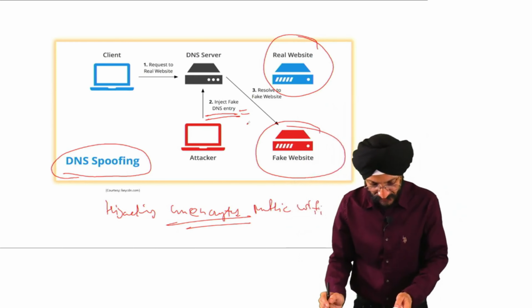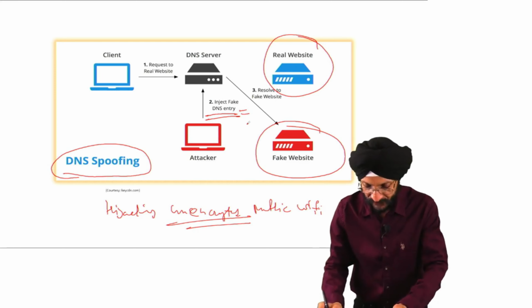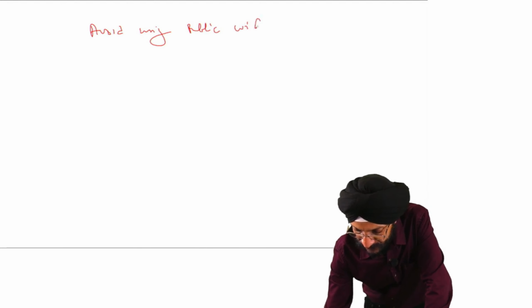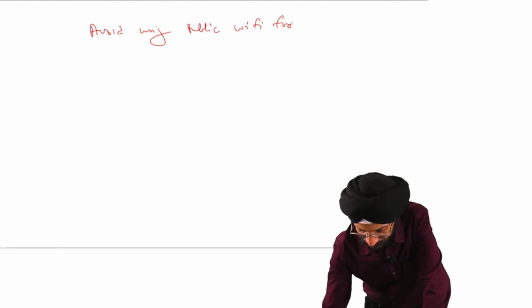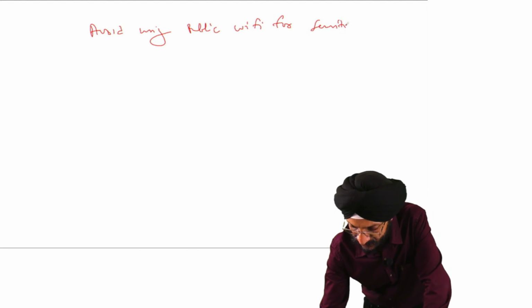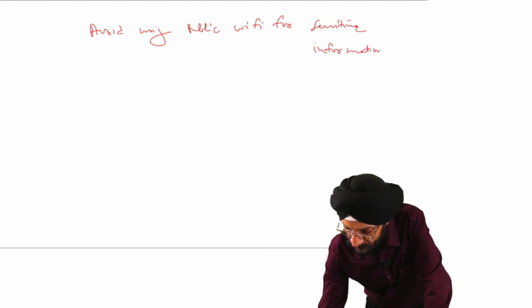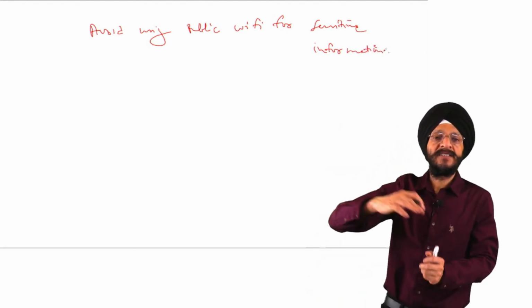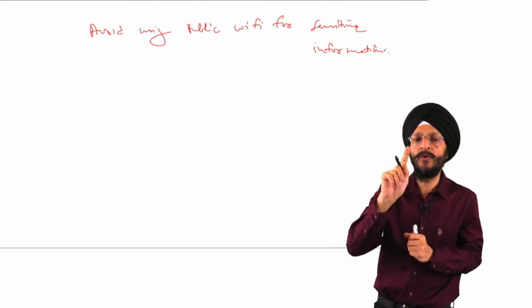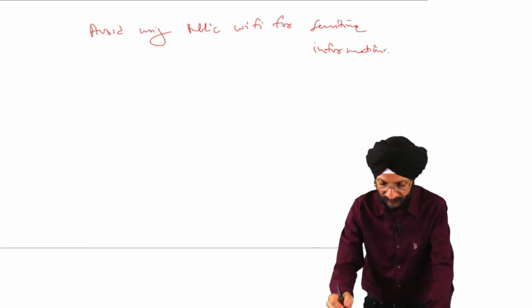So, to protect our website, we must avoid using public Wi-Fi for sensitive transactions. We must not use. If we are to exchange any sensitive information, we should never use public Wi-Fi.